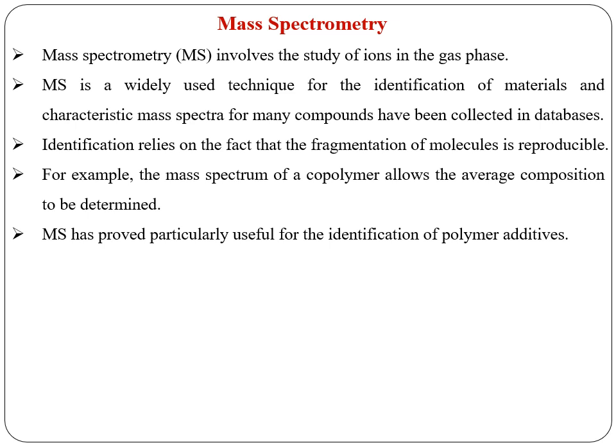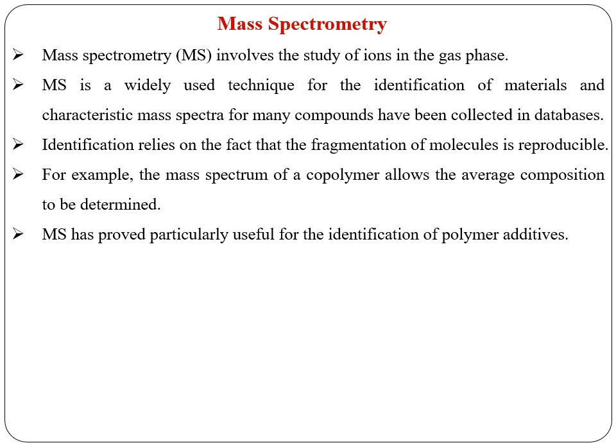The next is mass spectrometry, and this technique involves the study of ions in the gas phase. Mass spectrometry is a widely used technique for the identification of materials, and characteristic mass spectra for many compounds have been collected in databases.